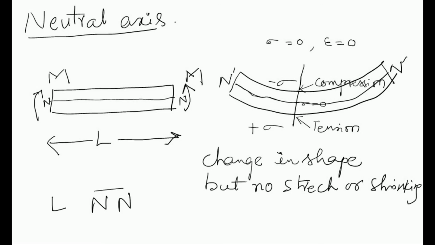N before bending has a length L. After bending, N dash has the same length L.